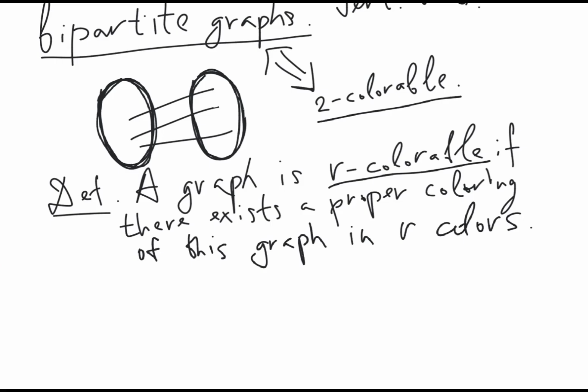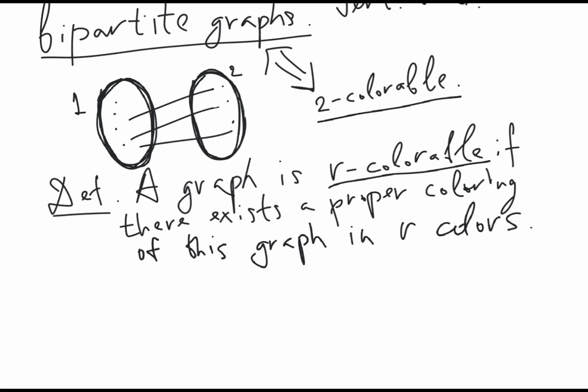We color the first set with color 1 and the second set with color 2, all the vertices here and all the vertices here. Partitioning into two sets and coloring are basically two different ways to view the same concept.